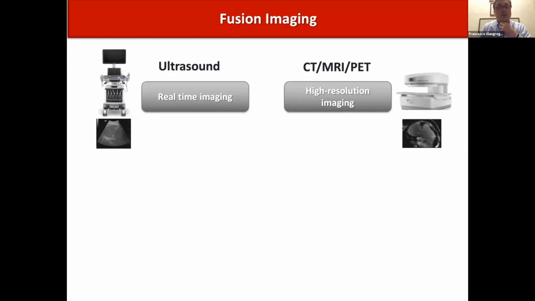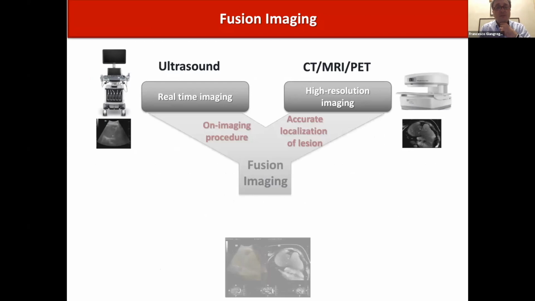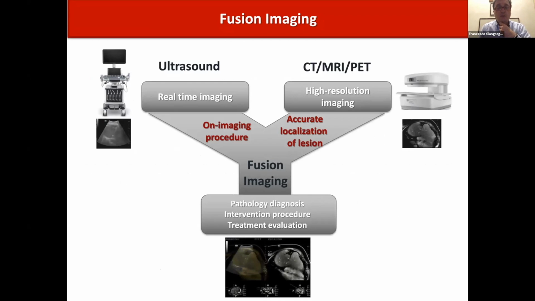So ultrasound is a real-time imaging method. Spiral CT, MRI, PET are high resolution and panoramic images, so they are important. Using fusion images, we can obtain the advantages of both methods.